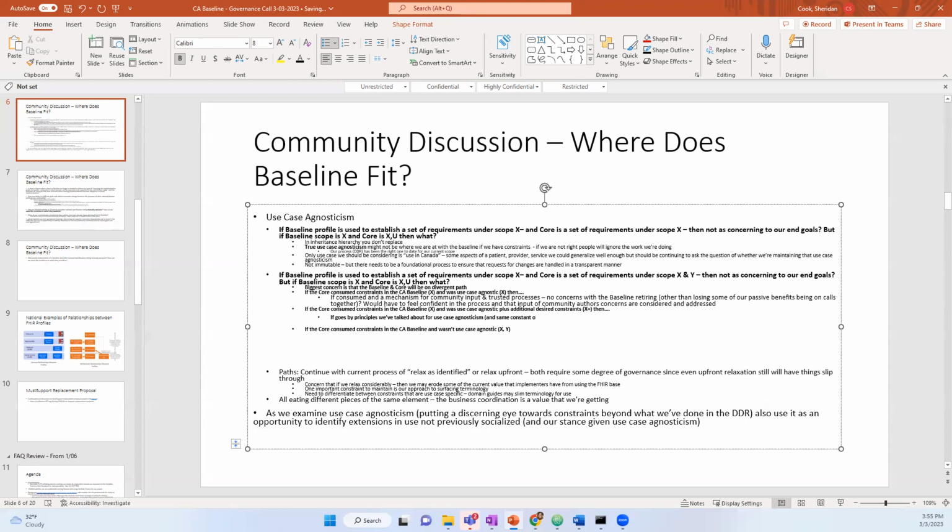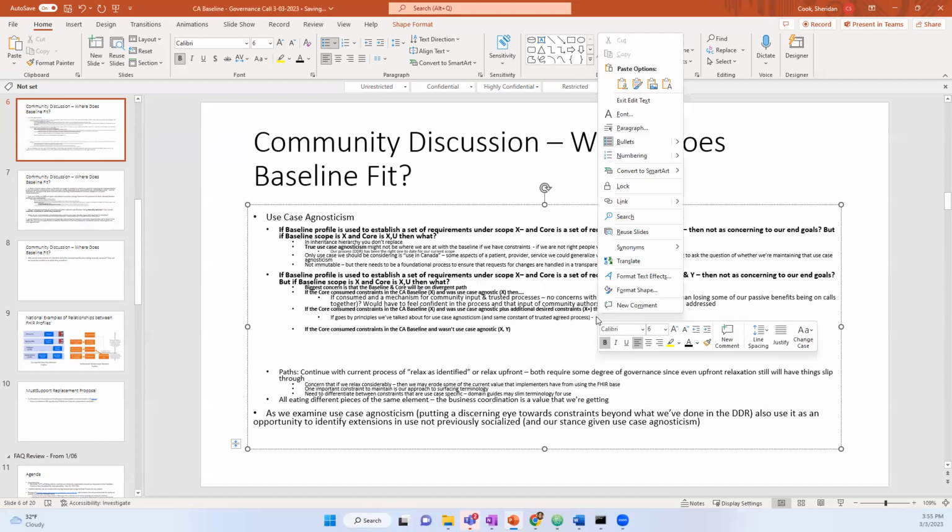So if we're consistent with the design principles, then I think it's okay. So that's an additional variable, right? When extending, do they still follow through on the process of ensuring use case agnosticism?